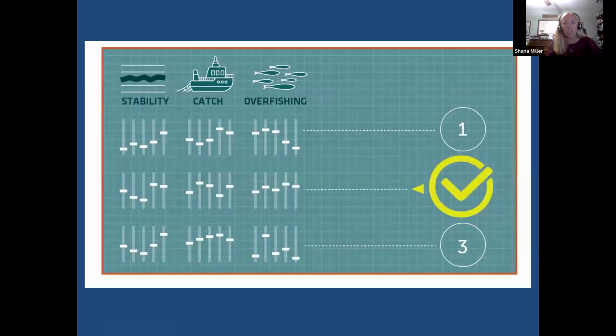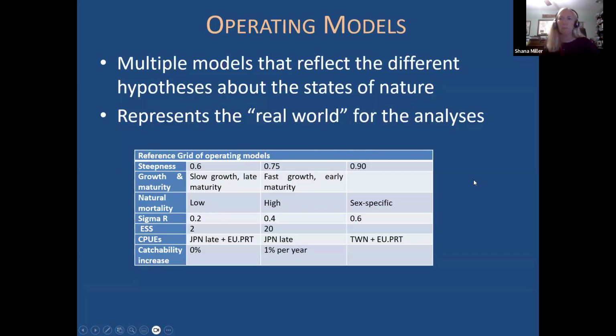And similarly, with a harvest strategy, we use MSE and test the different performance of, in this case, 3 different harvest strategies against these objectives for stability in the fishery from year to year, maximizing catch, and not overfishing. And so we want to find the harvest strategy that does best. So that's just a little analogy.